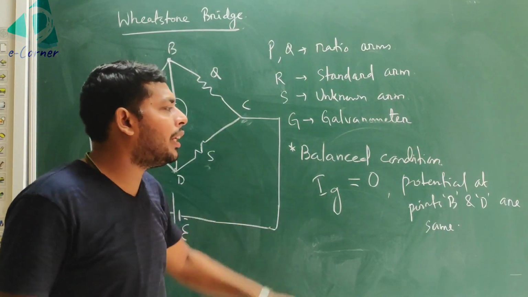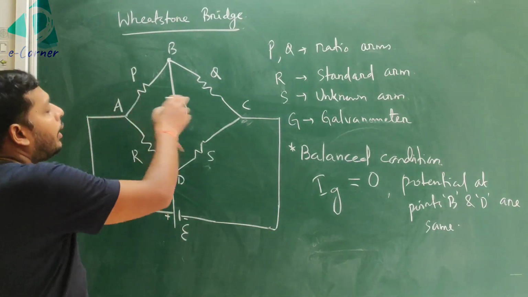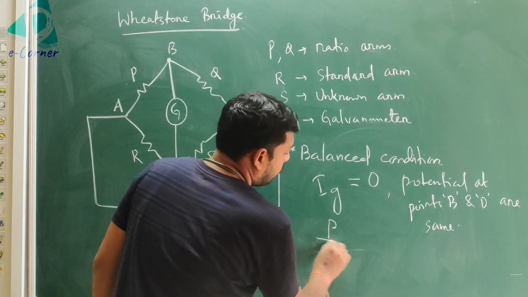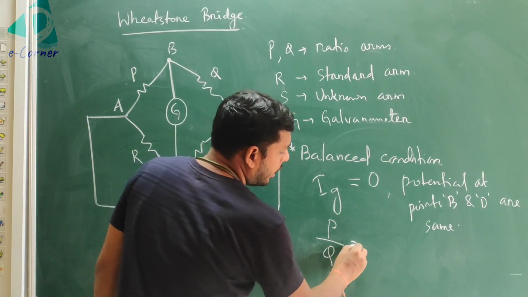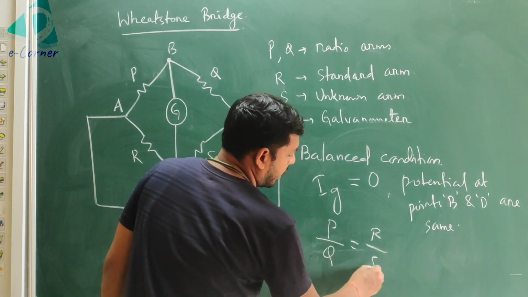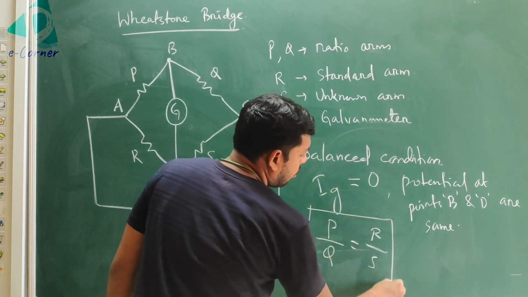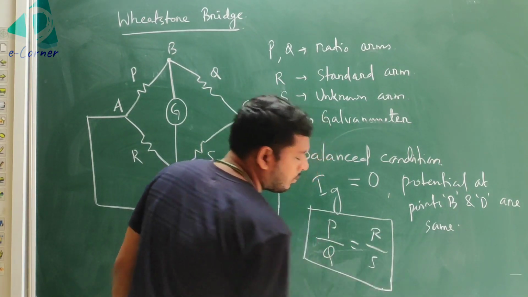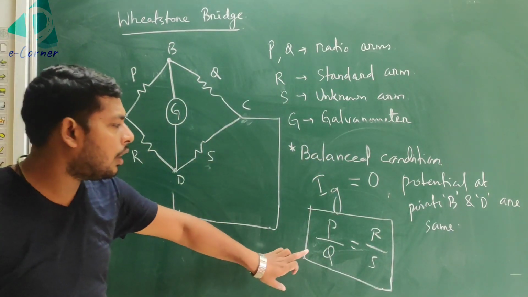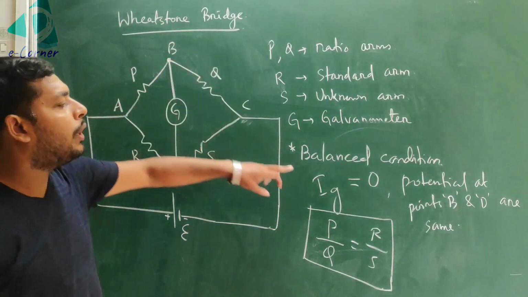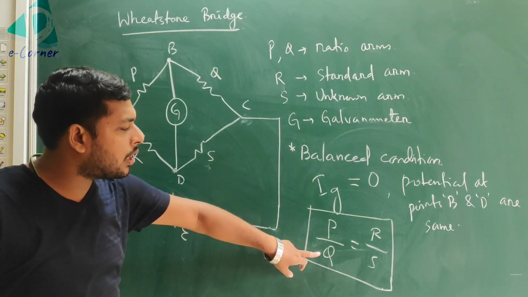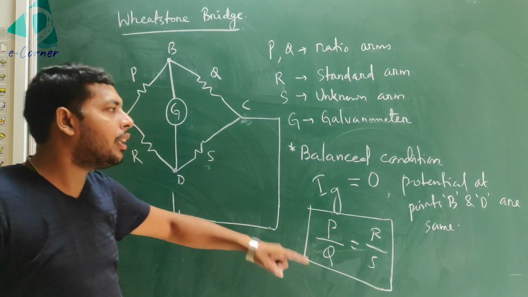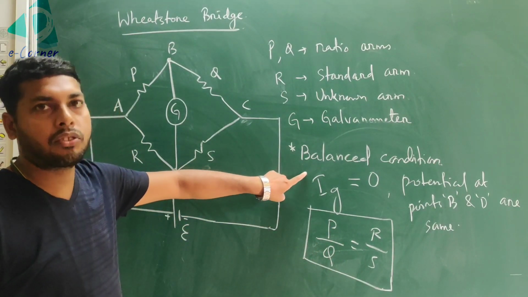So in case of balance condition, the value P upon Q is equal to R upon S. This is the Wheatstone bridge balance condition. This ratio is always valid when the bridge is balanced.